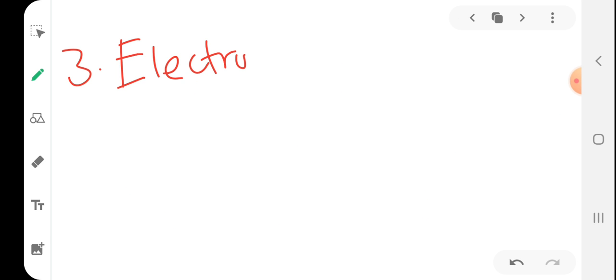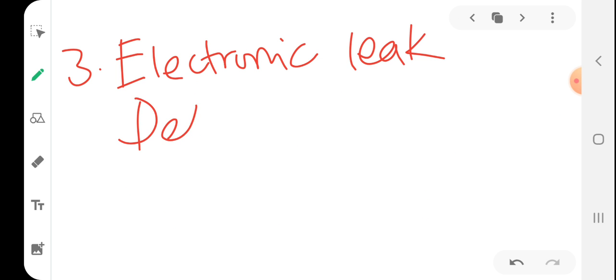Okay. Now we will move to the third one, electronic leak detector. Here all electronic leak detectors use an element that is sensitive to halogenated gases.